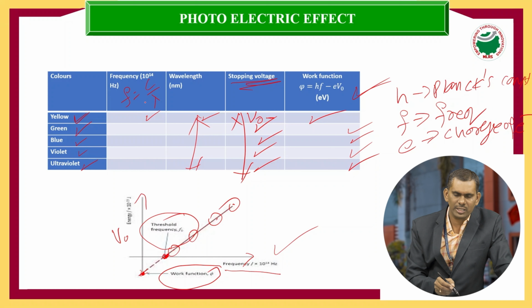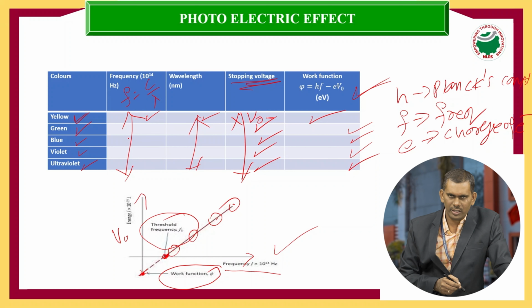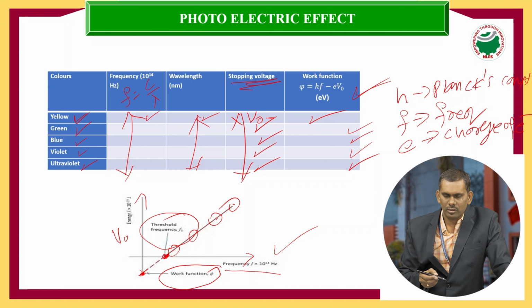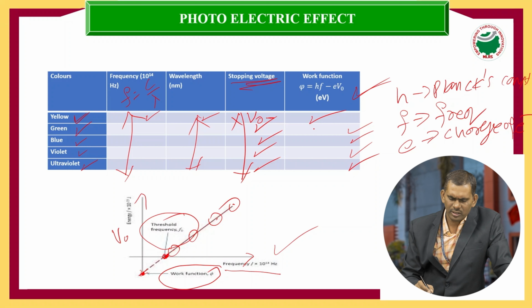With the help of the c by lambda formula, you can find out the frequency of each and every color and also write it here by calculating. And finally, with the help of all these values, frequency, Planck's constant, charge of electron and stopping potential, you can calculate the work function for different colors in this manner, right?